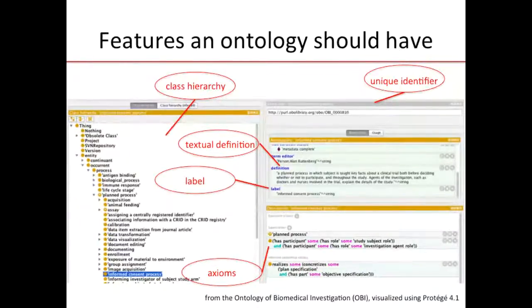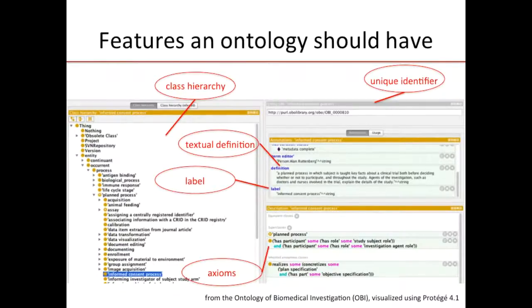Okay, so this slide shows you features of ontologies. So we already talked about the unique identifiers. Really, the coolest thing under the sun needs to have unique identifiers. These unique identifiers not only identify individuals like you, me, the chair, and John Doe.